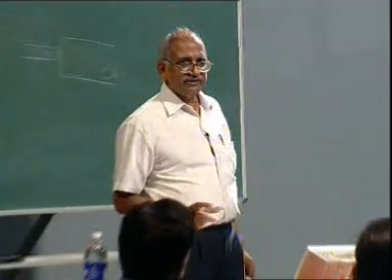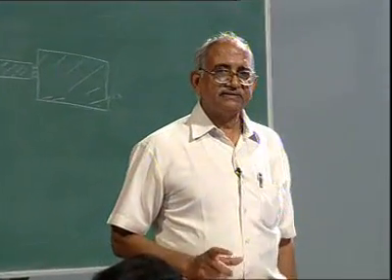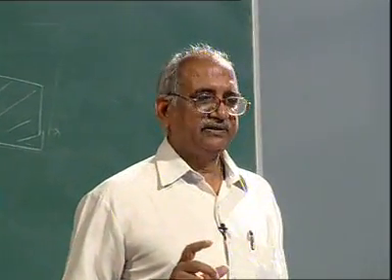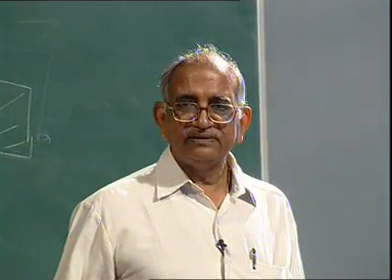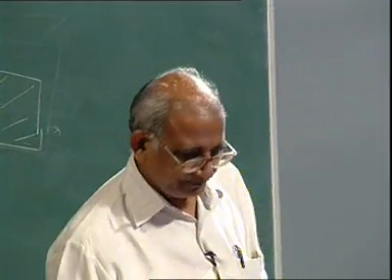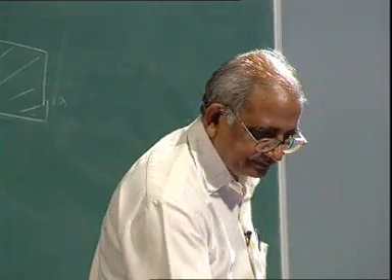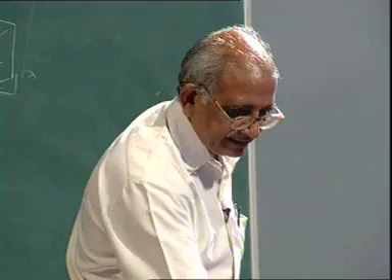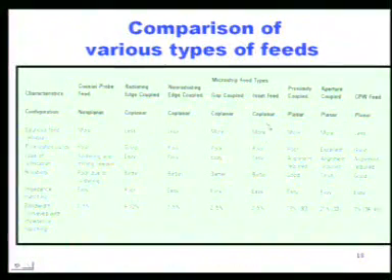Any discontinuity in the metallization is called an impedance discontinuity, and it is going to give rise to some radiation. Then we have the inset feed. Again the radiation is going to be more, because it disturbs the metallization pattern.